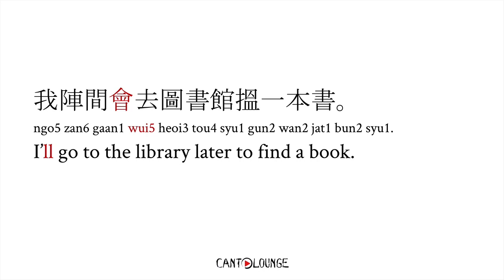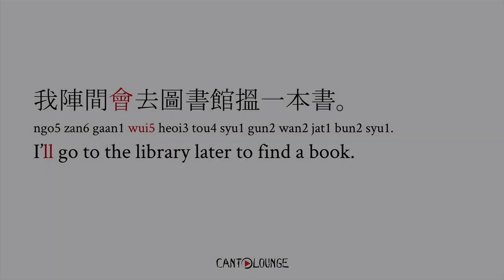And so the first use, the most common use of 會 would be to express the future. So it's literally a direct translation of will. Like, for example, we have 我陣間會去圖書館揾一本書. I'll go to the library later to find a book. I will, 我會. Easy enough.